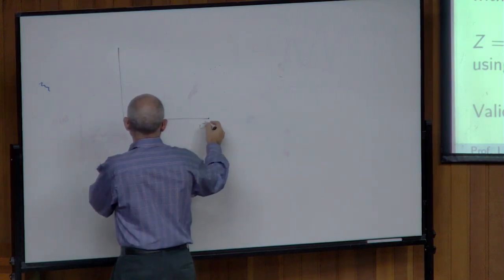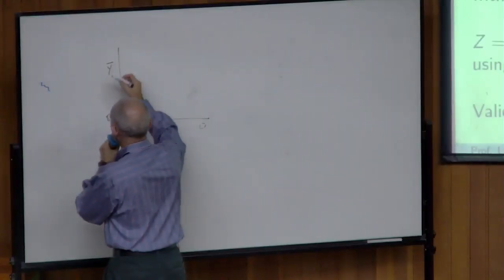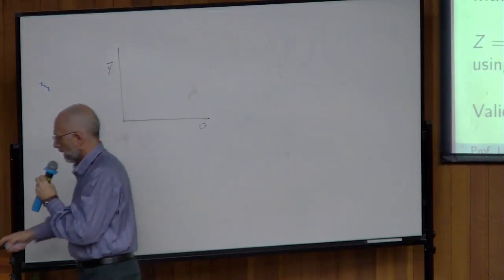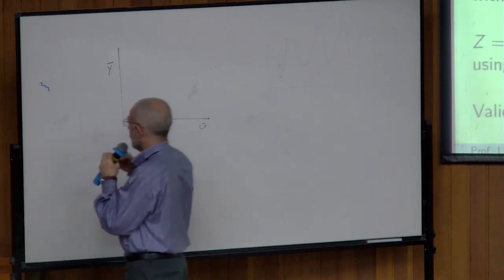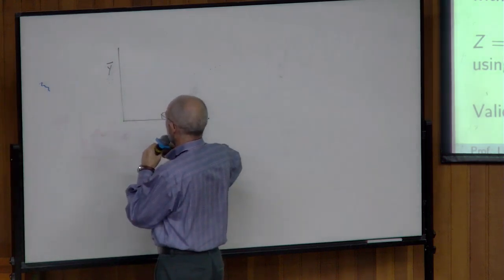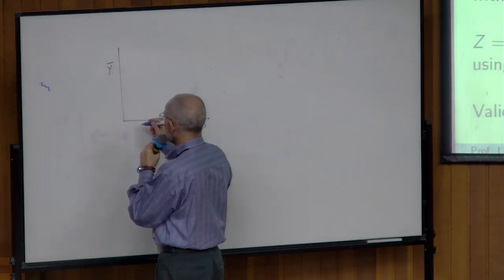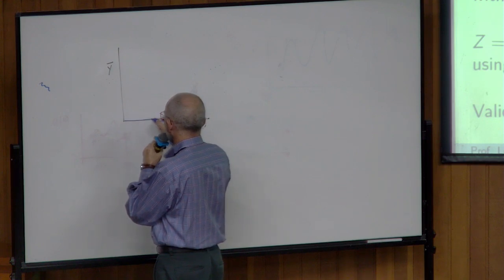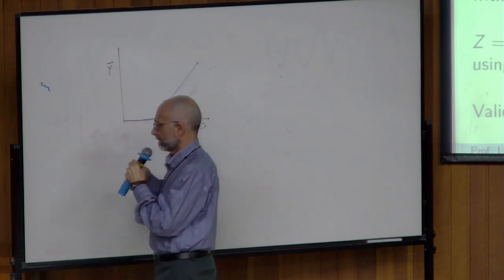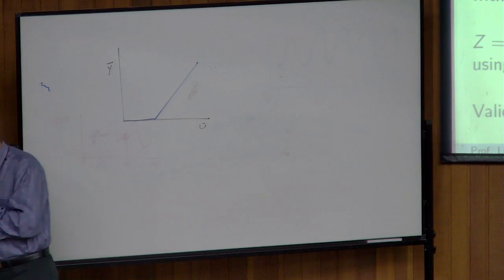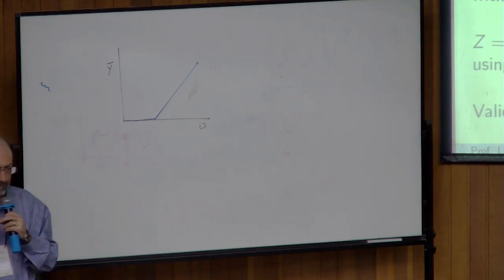So here I have U bar, here Y bar. And the relationship between these two variables is something like this, which is typical of a dead zone.